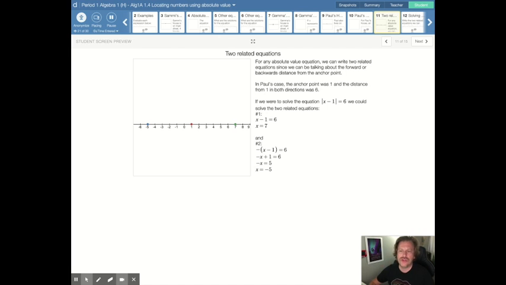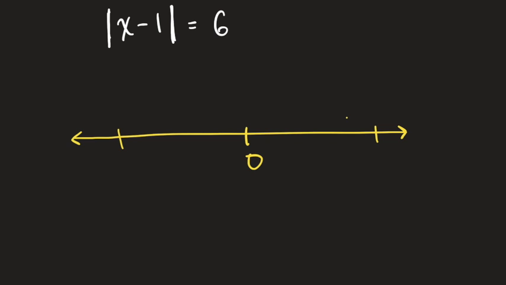I am going to show you in the other supplementary video right now a different way to visualize this. Okay, so here's an alternate way to visualize this and set up these equations. We have the absolute value of x minus 1 is equal to 6. Well, what is the definition of absolute value? Let's apply that to this specific equation, and I'm going to write a complete sentence in doing so.